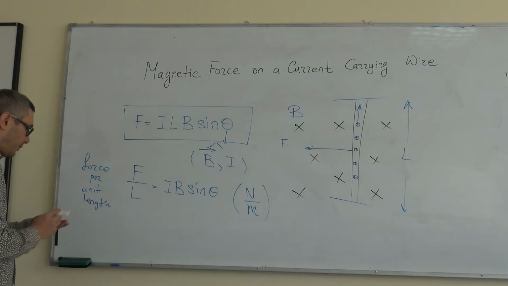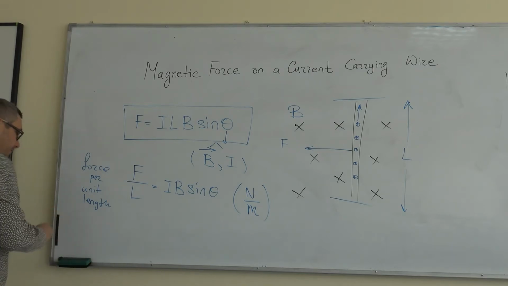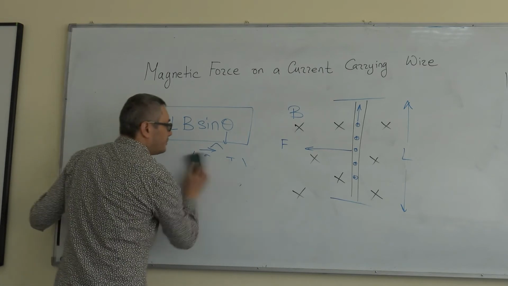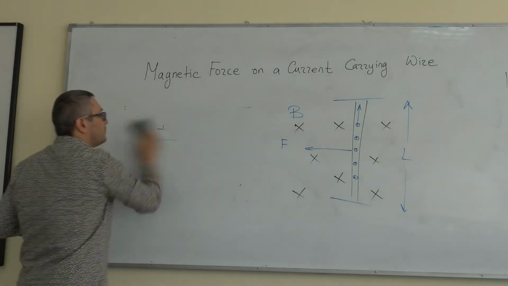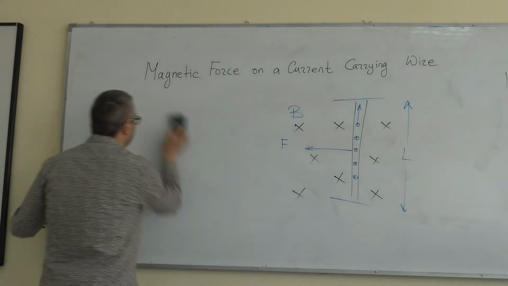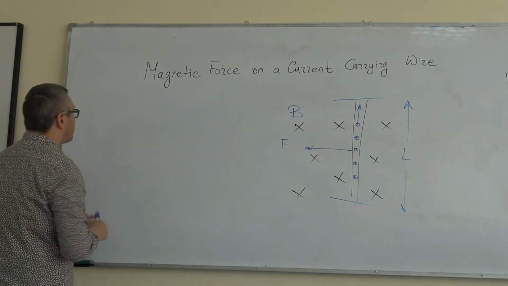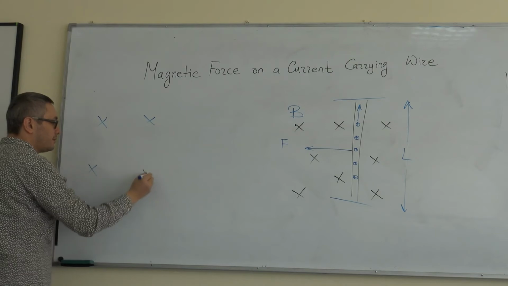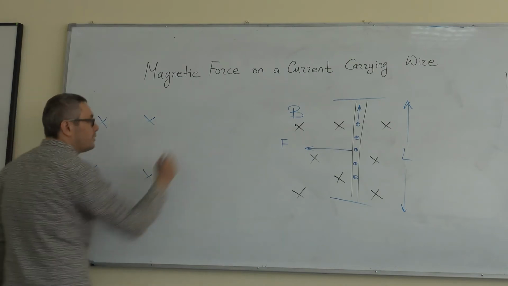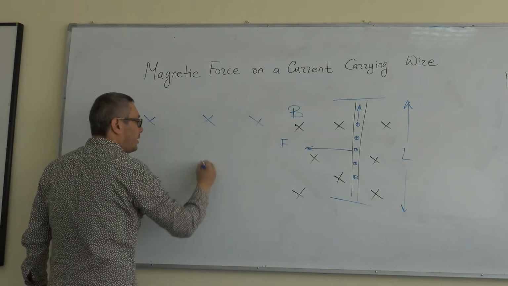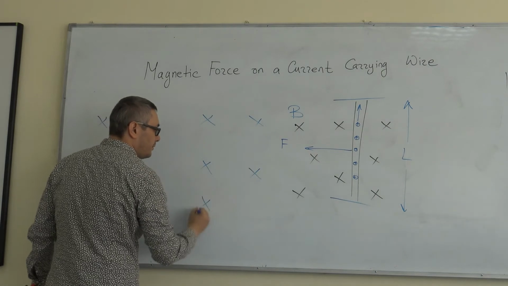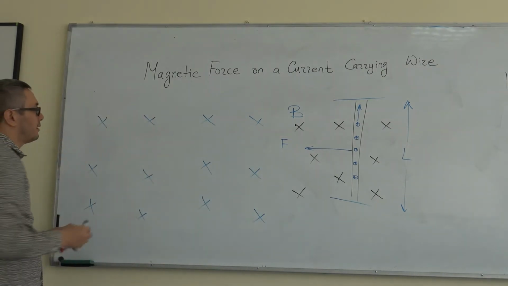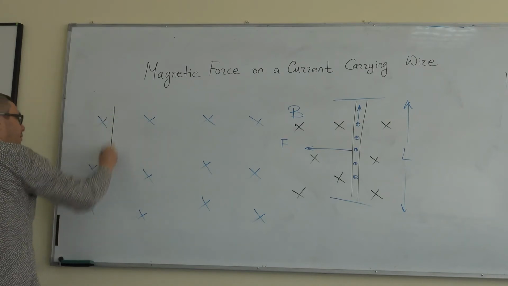So now let's look at a few examples. Let's say that I have magnetic field pointing into the board, everywhere into the board, and I have 3 wires.